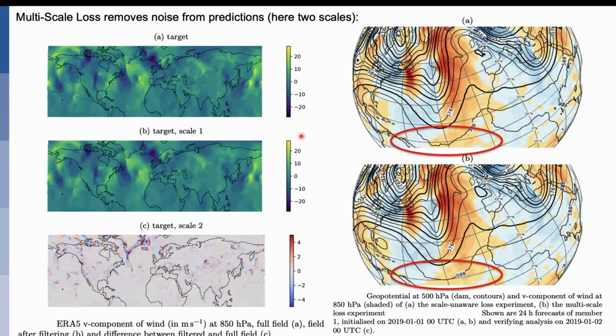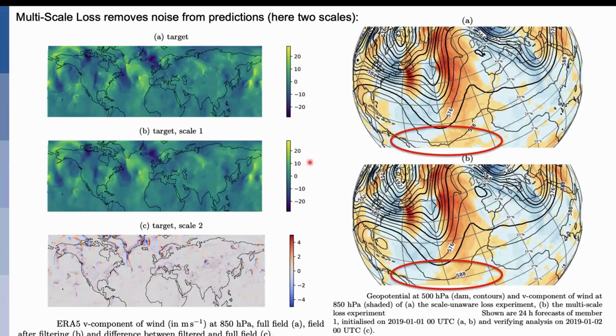And this is again to show how this works in practice. Here, for example, is the true target field, then here a smooth version of this, which would be your scale 1. And then the second scale, for example, is the difference between this smoother scale and the full resolution target.